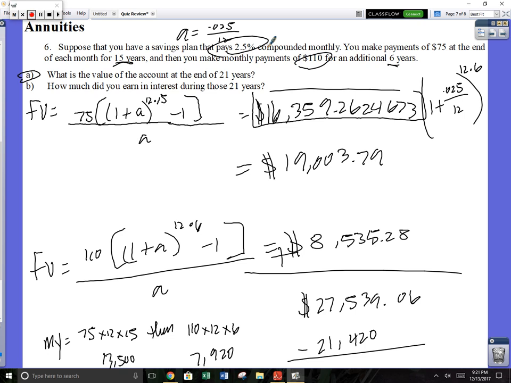And really, this is what you want to do towards the end of your investing. You want to transfer all your mutual funds to a lower rate, a conservative rate. Because if you're going to be retiring in the next 5 years, you want to pull your investment out of that risky, aggressive rate and put it into something more conservative, more safe, like bonds, like this low rate here.